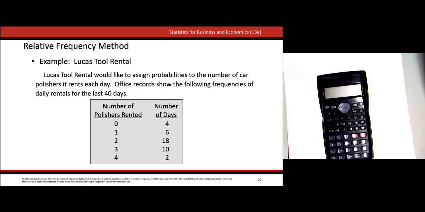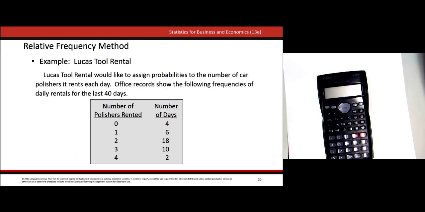Now, based on this, it seems like renting 2 polishers in any given day is more likely than renting 4 polishers, because 18 out of 40 days they rented 2 polishers, only 2 out of 40 days they rented 4 polishers. So it seems like we don't have equally likely outcomes.